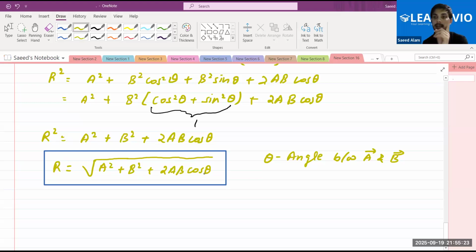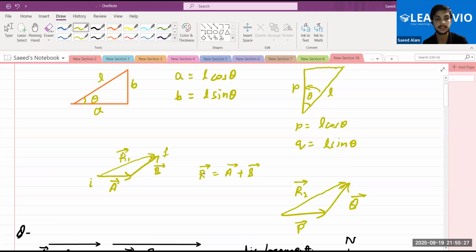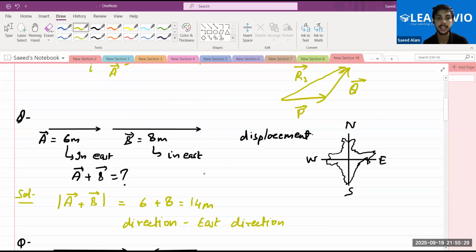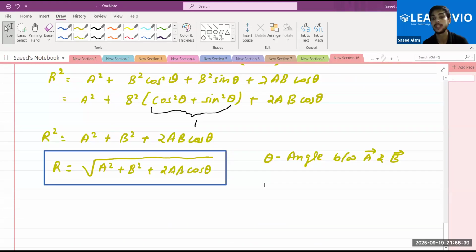In the first case, when there were two parallel vectors like this, what was the angle between A and B? That was 0. So for the first case, theta will be 0. Cos theta will not be 0. Theta will be 0. So cos 0 is equal to 1.